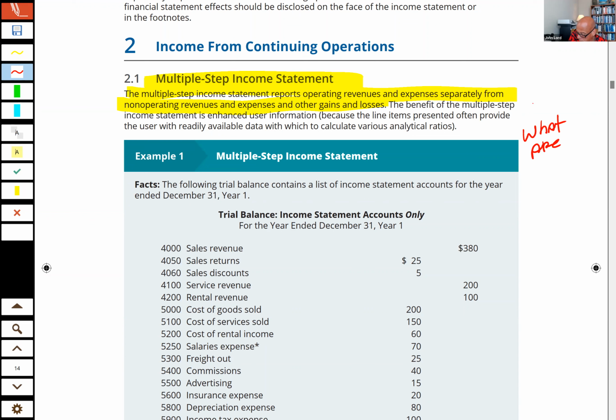Now, what I want you to put down here, this could be a flashcard: what are the three main sections of the multiple step income statement?